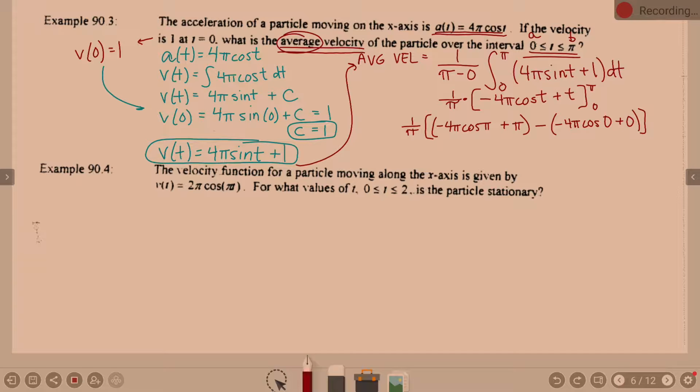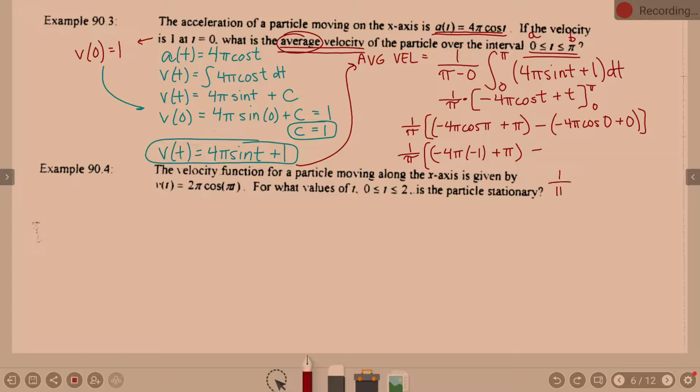So 1 over pi is still out front. Okay, what is the cosine of pi? Negative 1. Yes. So negative 4 pi times negative 1 plus pi, if you will. Well, negative 4 pi times negative 1 is going to be 4 pi, plus 1 pi is going to be 5 pi. I'll write that down over here.